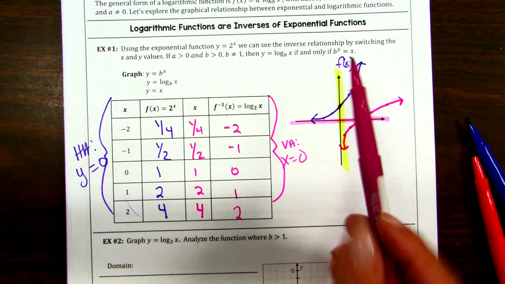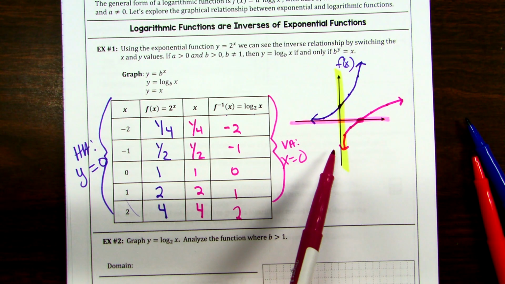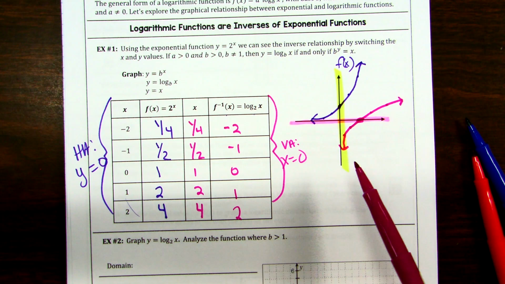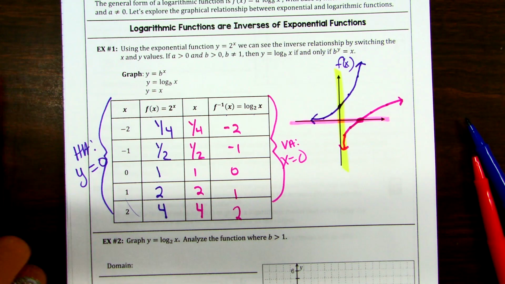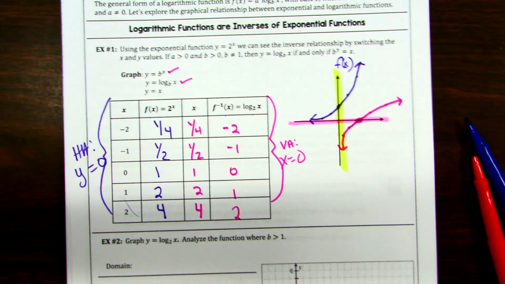And it has the same behavior near the asymptote as the exponential function does. As we approach our asymptotes, we get super, super close in teeny tiny numbers, but we never cross and we never touch it. Never touch it, never cross it. We just graphed the exponential function. We just graphed the log function.